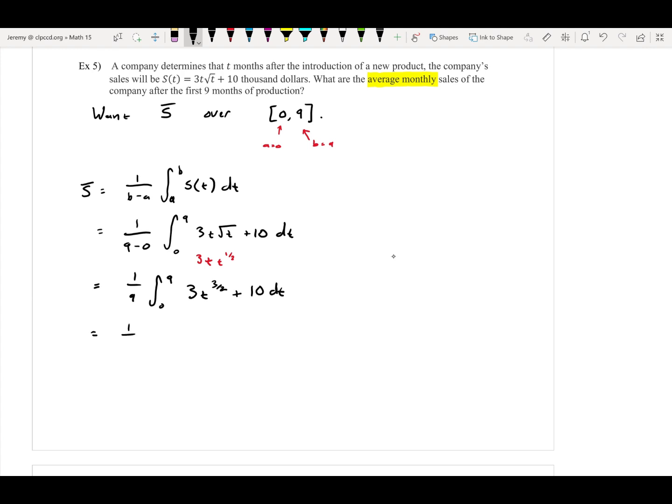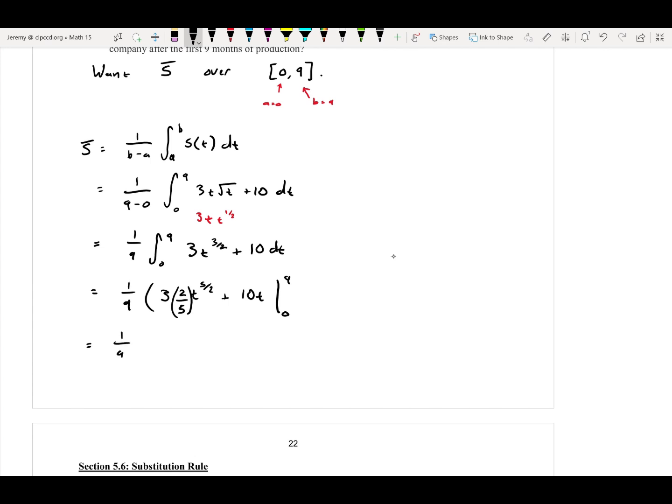And I think I'm ready to evaluate the integral. So I'll do an antiderivative and I'll get 3 times, new exponent, adding 1, t to the 5/2. And then multiplying by the reciprocal, that's the same as dividing by that new exponent 5/2, plus 10t, that's the antiderivative of 10, evaluating from 0 to 9.